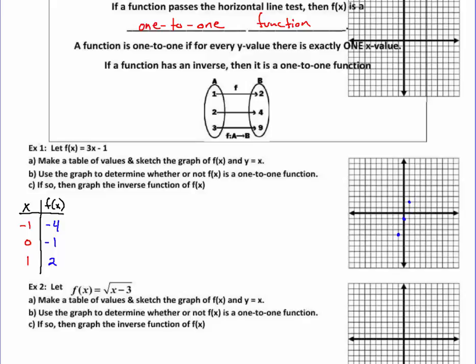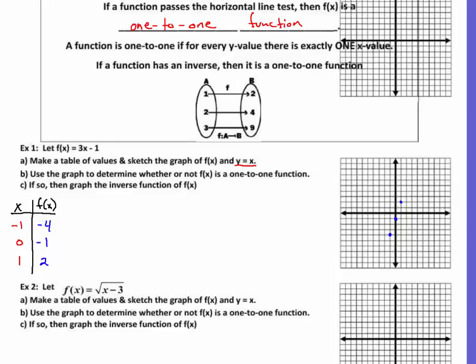But then it also said to sketch the graph of y equals x. Well, hopefully, from our parent function quiz, you know that the graph of y equals x is this one. It goes right through the origin, has a slope of up 1 over 1.